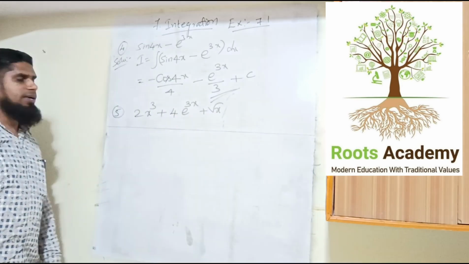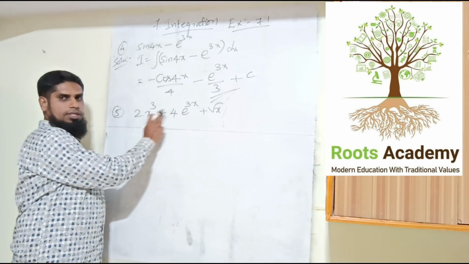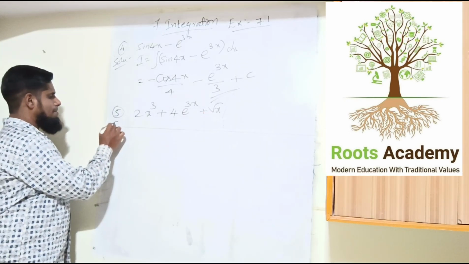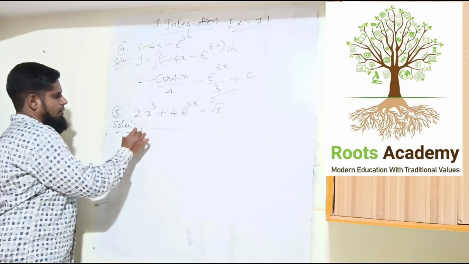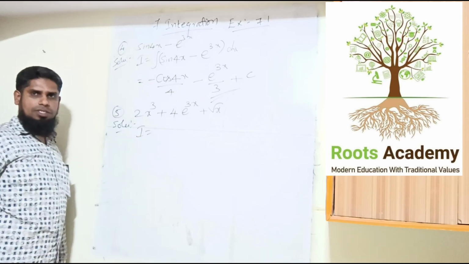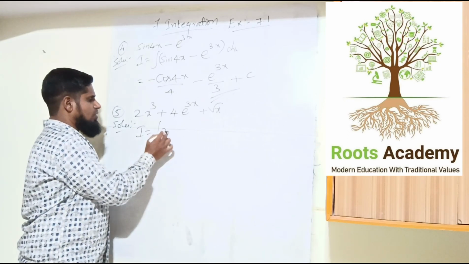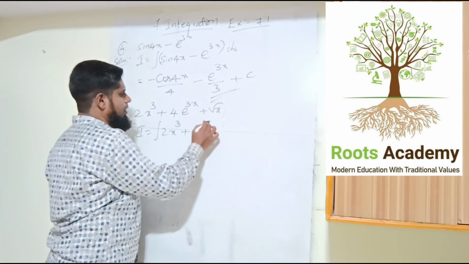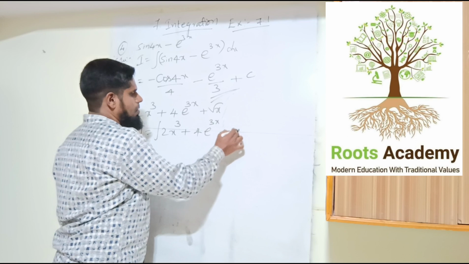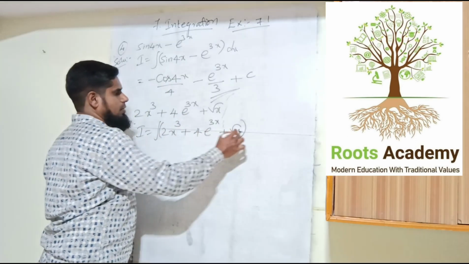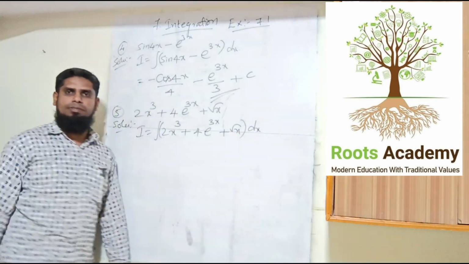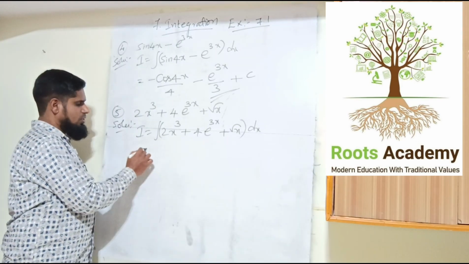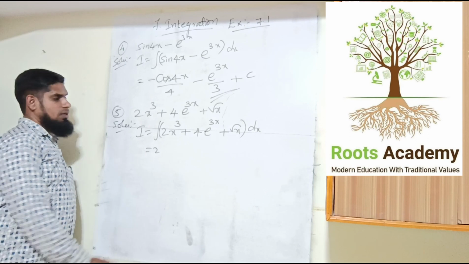He is asking us to find the integral of these 3 terms. We'll take the integral, that is I is equal to integration of 2x cube plus 4 e power 3x plus root x into dx, one by one. Here 2 is a coefficient, so I'll write it outside the integral.